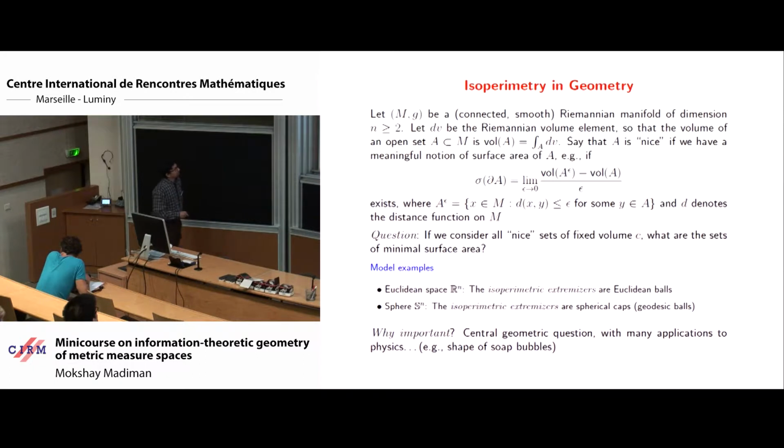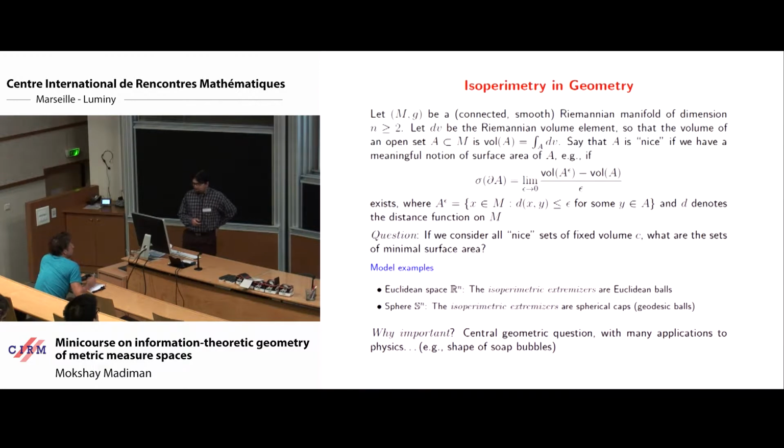Okay, so let's start with the isoperimetric problem. So here is one formulation. Let M be a Riemannian manifold of dimension n. I'm going to assume always that my Riemannian manifolds are connected and smooth. Since it's connected, it's a metric space, with the Riemannian distance providing a metric.